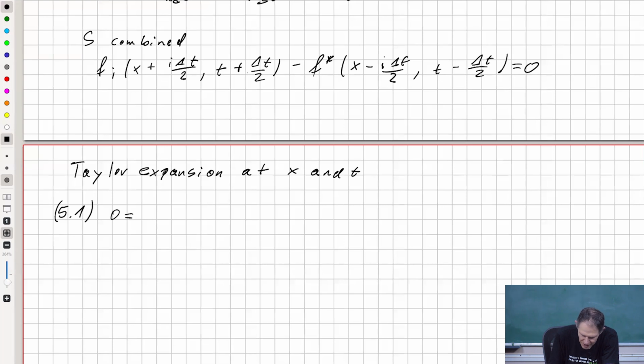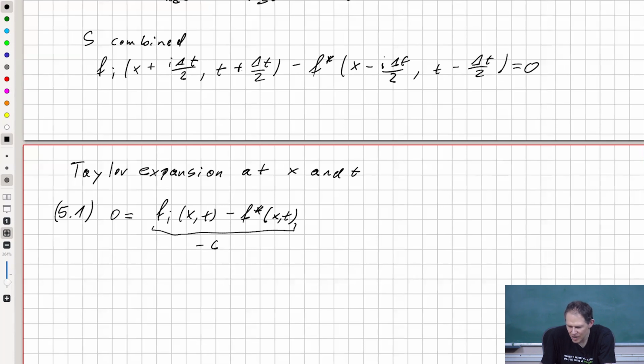So we know that it is 0 because it's 0 here, and we Taylor expand at x and t, which means we'll first have this thing here, f_i(x, t) minus post-collision f_i(x, t). So this is the Taylor expansion of this at this position, yeah? So you already recognize that this here is minus the collision operator.